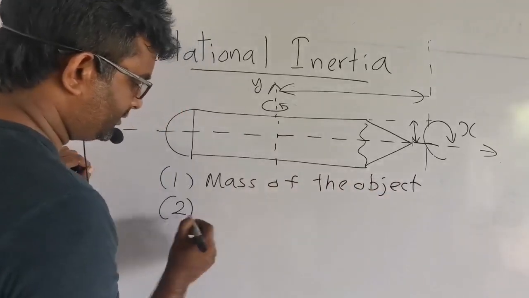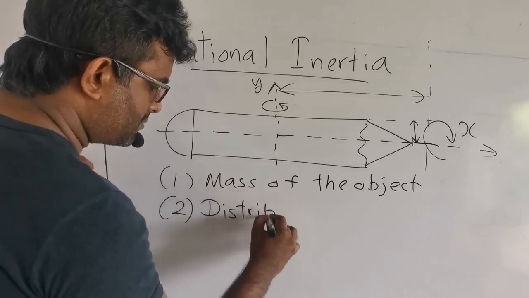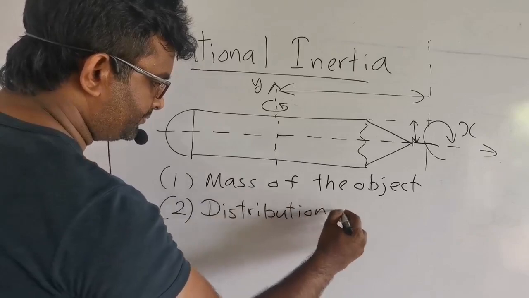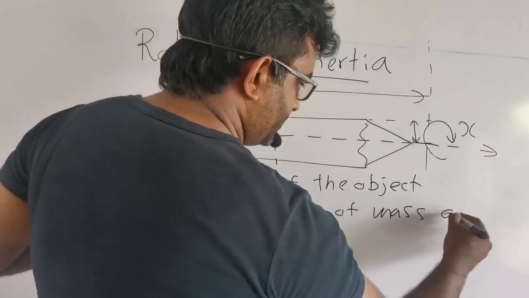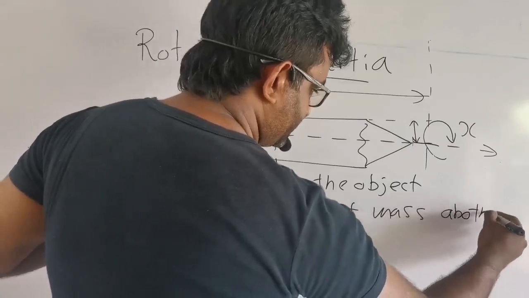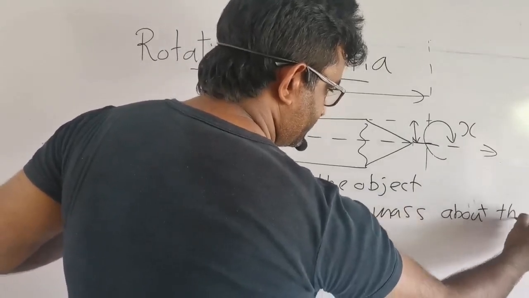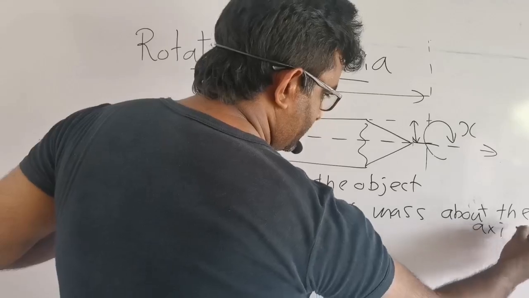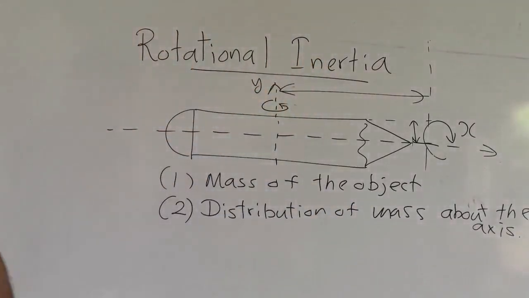Second one: distribution of mass about the axis. Right, write this and highlight.